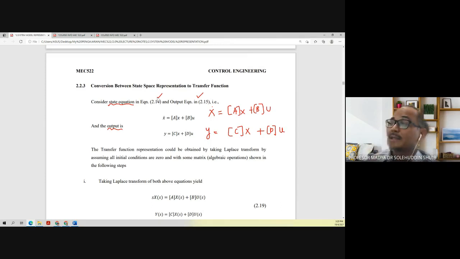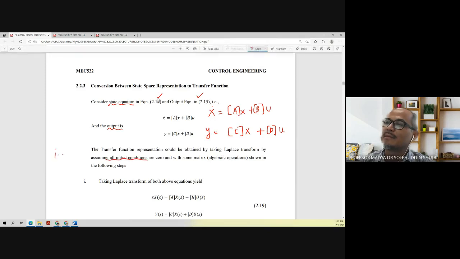So this transfer function we can obtain by taking Laplace transform, again by having the assumption that initial conditions are all zero, with some algebraic operation. So you can follow the following steps.